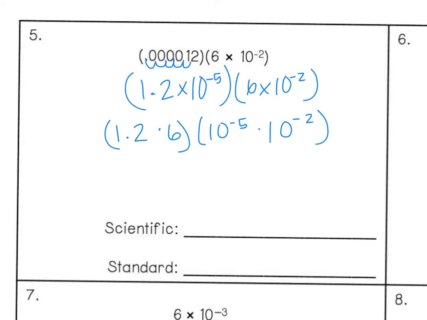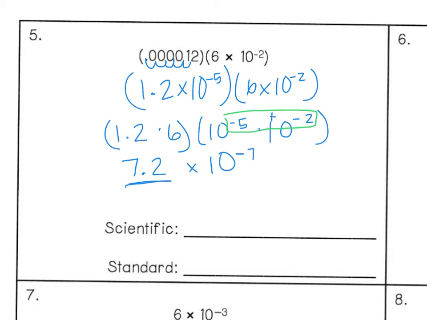So 1.2 times 6 is 7.2, and times 10, so we're going to use our product rule, and we're going to keep our base, which is 10, and then we're going to add our exponents and get negative 7. Negative 5 plus negative 2 is negative 7.